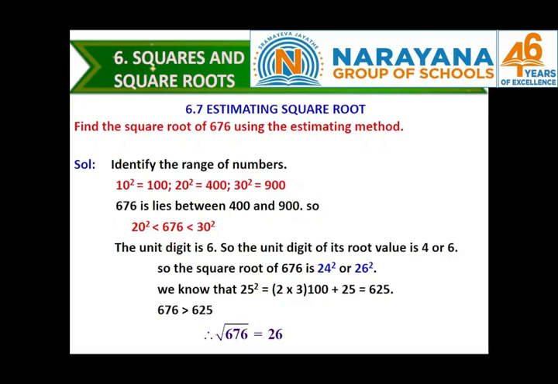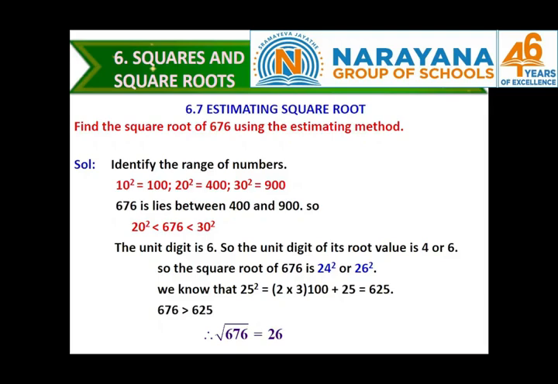How to identify? First identify the range of the number. 10 square is 100, 20 square is 400, 30 square is 900, which is more than 676. So 676 lies between 20 square and 30 square. So the square root value is between 20 and 30.